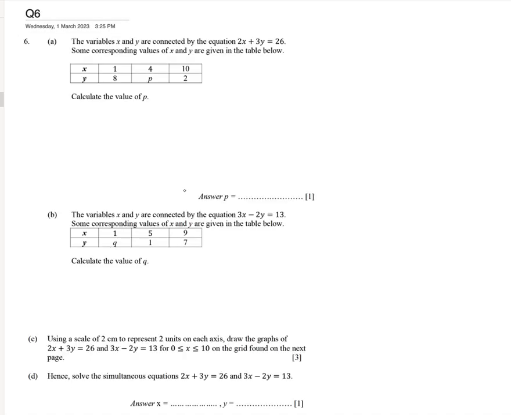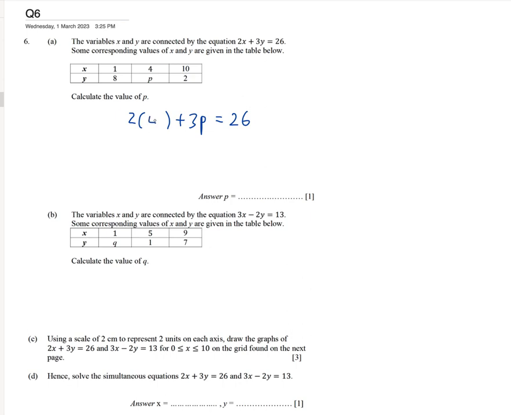In question 6, we have a graph question. There is an unknown value of y, which is represented by a letter p. We need to show the substitution into the formula to find the value of p. So the equation is 2x plus 3y, and y here is p, equals to 26.